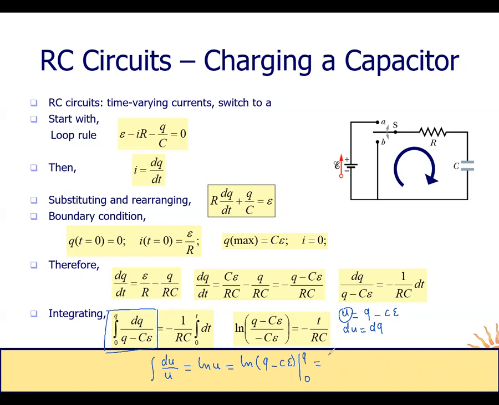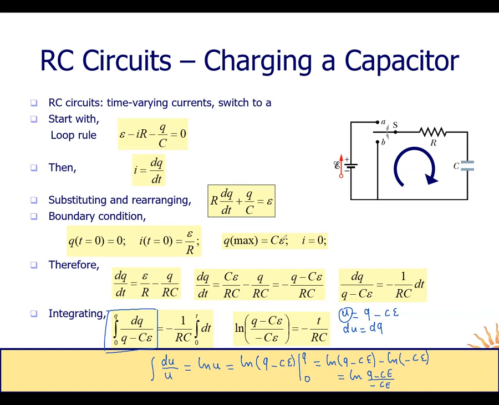So we get here ln of q minus CE minus ln at q equals to 0, we get only minus CE. ln a minus ln b equals to ln a divided by b. So here we get ln of q minus CE divided by minus CE. Okay?